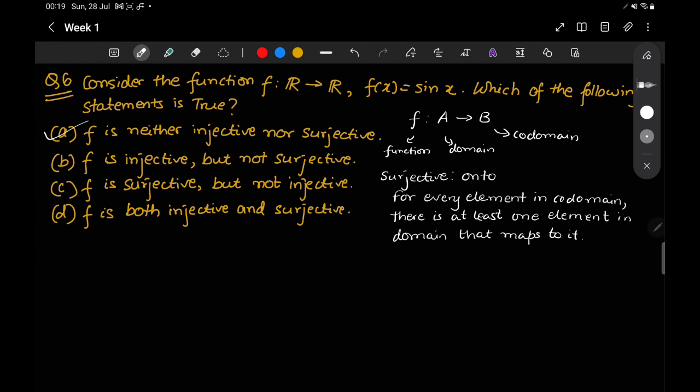That means if you have an element in the codomain, then there will be some element of the domain which maps into that element by the function.